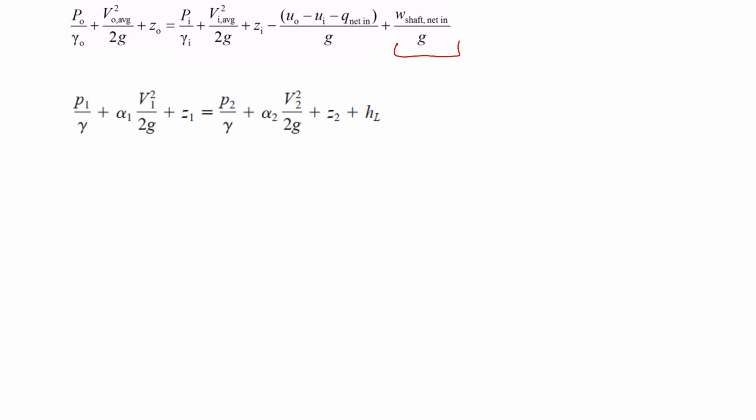We are just simply taking a pipe flow, and now you can see that our output and input are replaced with 1 and 2. And now you can see the alpha term. The alpha term is the kinetic energy correction factor.